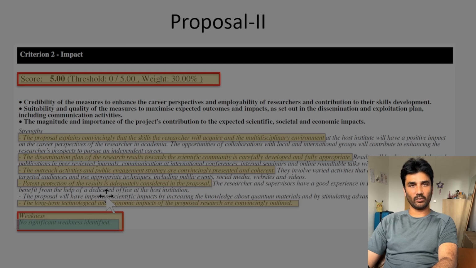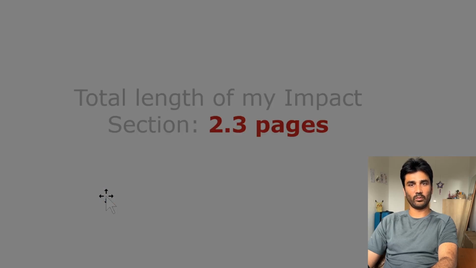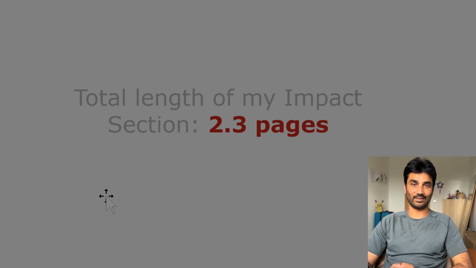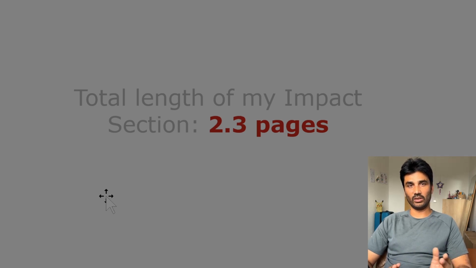So now I talk about how I structured my proposal. About the length, sometimes we are not sure how long we should write the excellence section or the impact section or implementation section. Sometimes we give too much length to our excellence section. Maybe I did not mention this in my previous video, but my excellence section was 5.5 pages.